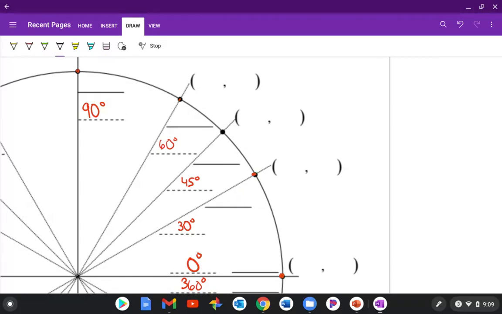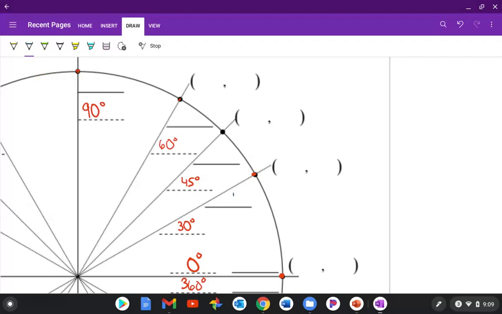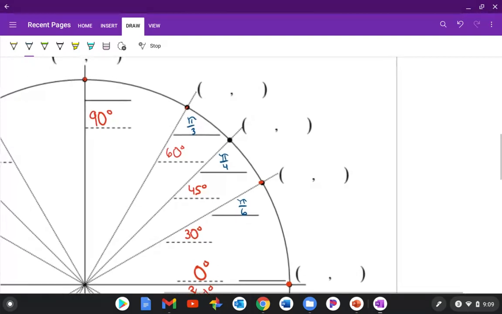Let's go with blue. All right, so this is pi over 6 in radians. 45 degrees is equivalent to pi over 4. 60 degrees is equivalent to pi over 3. And 90 degrees is equivalent to pi over 2.